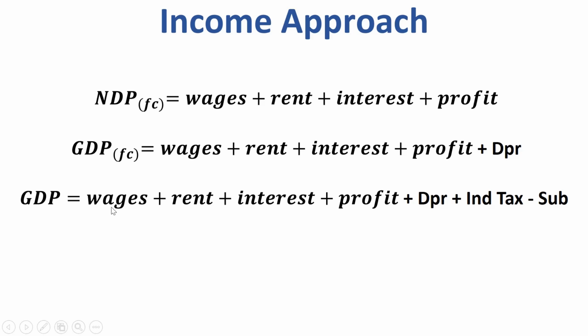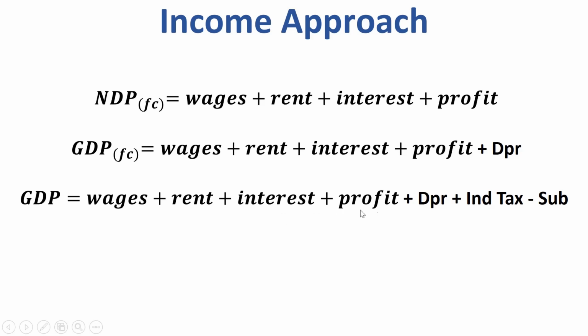We also pick the factor income for land, which is rent. It could be royalty or whatever, we add them. We also pick factor income for capital, which is interest. And then we also pick factor income for owners of businesses, which is profit.